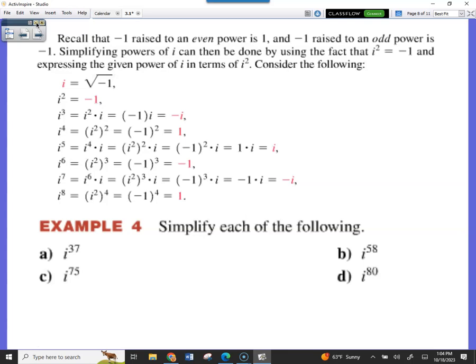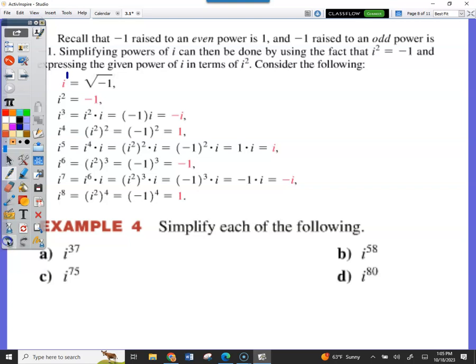Please, please, please look. Recall, i is the square root of -1. We had to write these down on a chart last year in Algebra 2. This is an understood 1 right here. i squared is -1. We've already learned this. i cubed, let me show you how they got it. What they've done is taken and applied the rules of exponents. i cubed can be written as i squared times i.